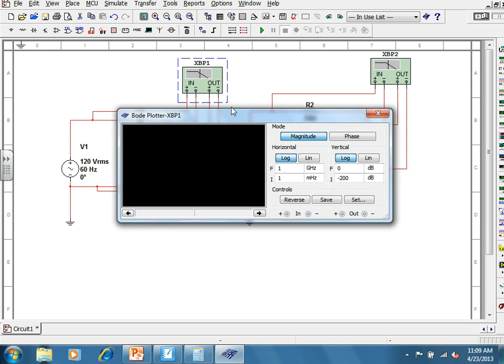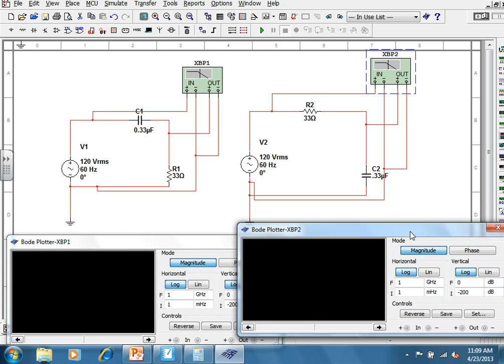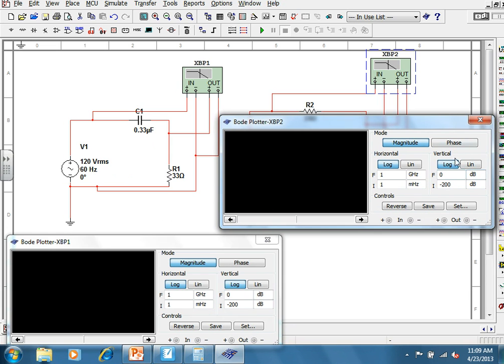Alright, so open this guy up, put in there, open that guy up, put in there. Log is fine. This frequency is way too high, so we'll go kilo.